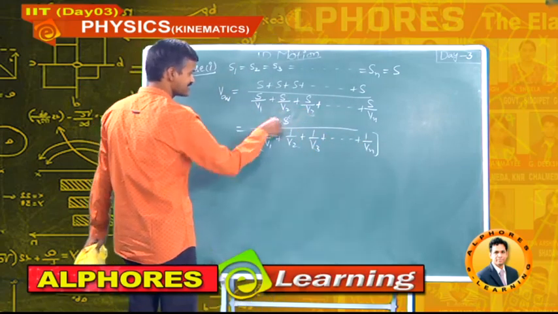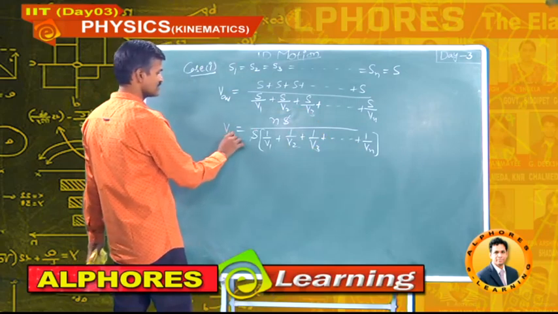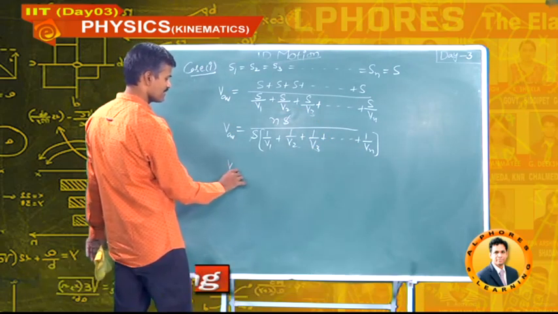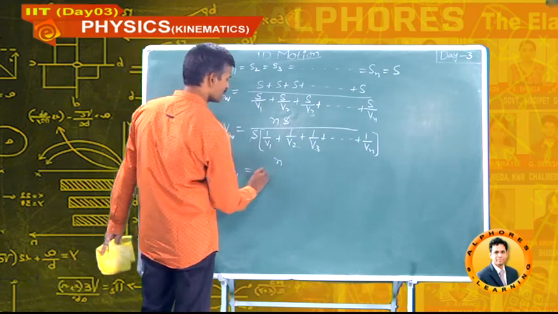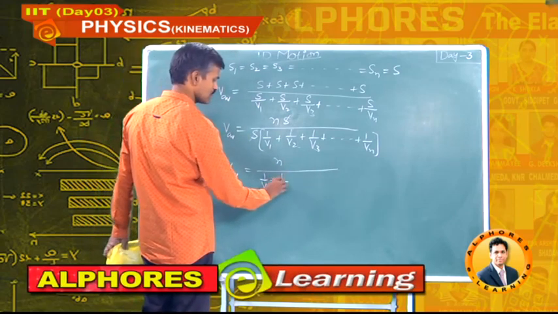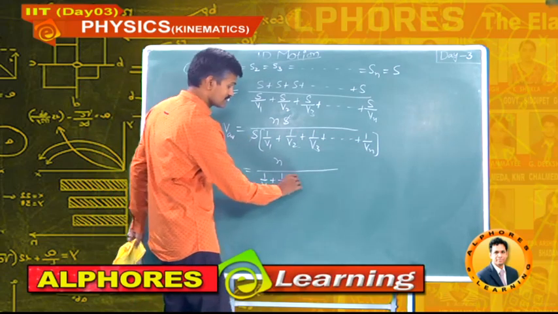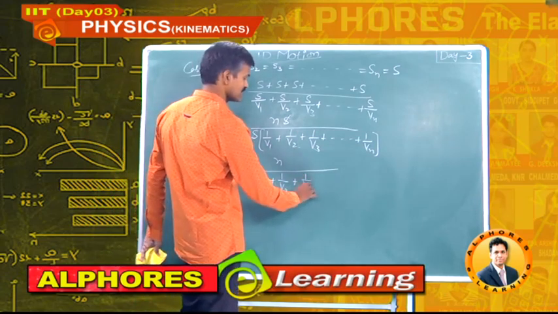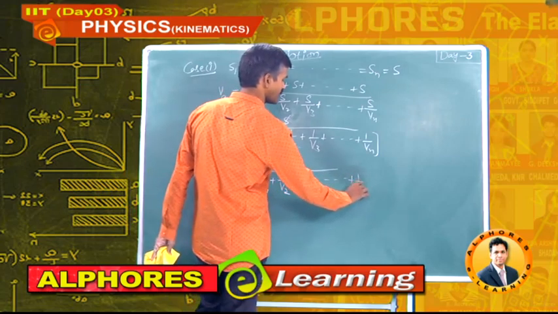This S gets cancelled. So average speed V average is n by 1 by V1 plus 1 by V2 plus 1 by V3 and so on plus 1 by Vn.